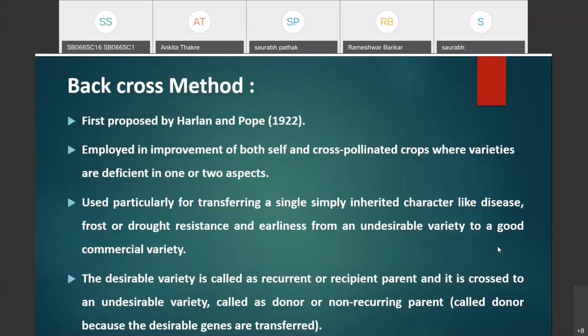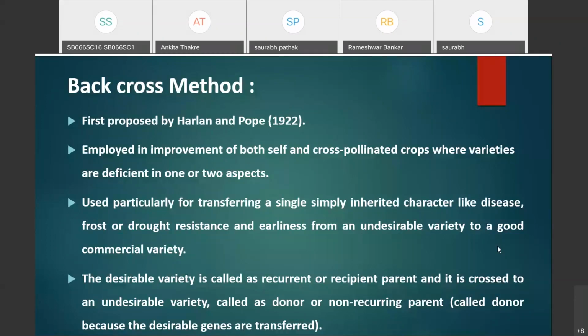Another parent is the same species, but growing as a wild species. It has the disease resistance character, but is very poor in the remaining characters. From that wild variety, the disease resistance is to be transferred into the commercial variety.